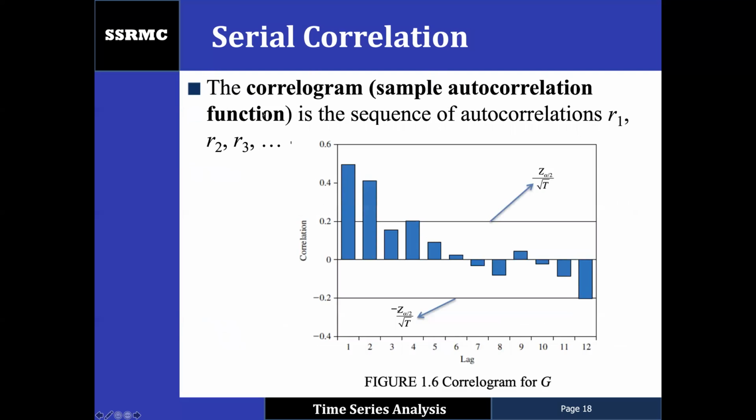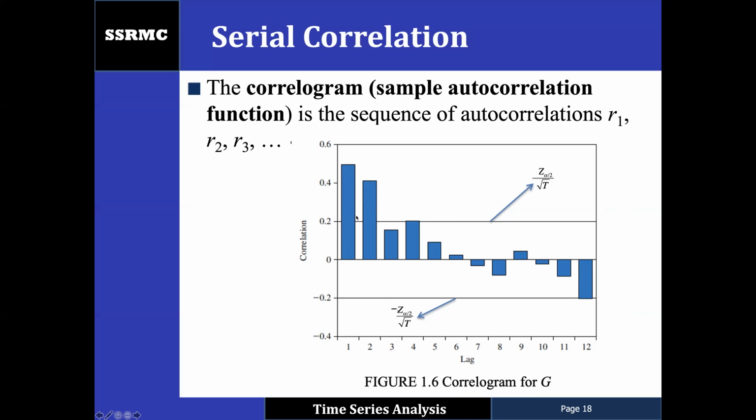If you use the correlogram, which is usually automatically generated by computer software, you can request it, and the software calculates the correlation coefficients and visually demonstrates at which lags the test statistics are beyond the boundary. The upper and lower bounds are calculated based on the test formula introduced in the previous slide.